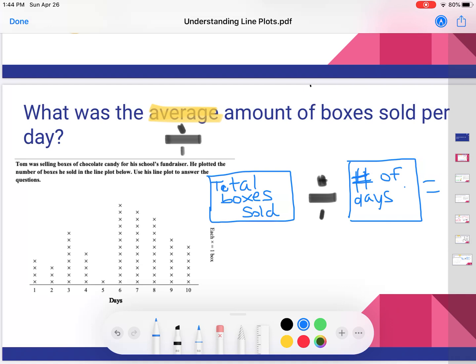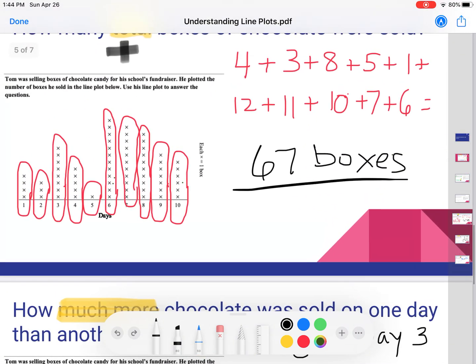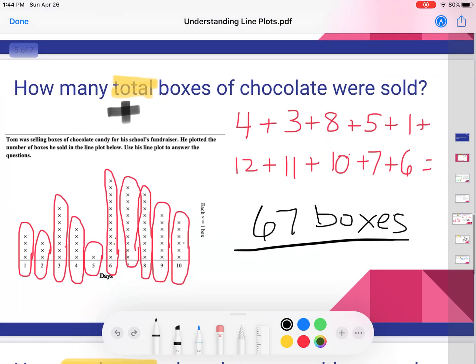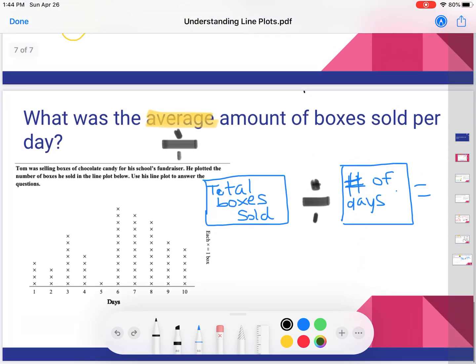And we already know these numbers, right? Because if we look back, we figured out the total amount of boxes sold was 67 boxes. So we know that in our number model, we can put 67 for the total boxes sold.